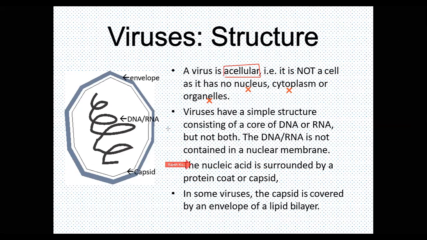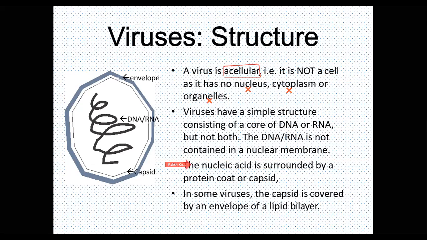If there is DNA, there will not be RNA. If there is RNA, there will not be DNA. Look here, a thread-like structure is shown here. This is DNA or RNA.